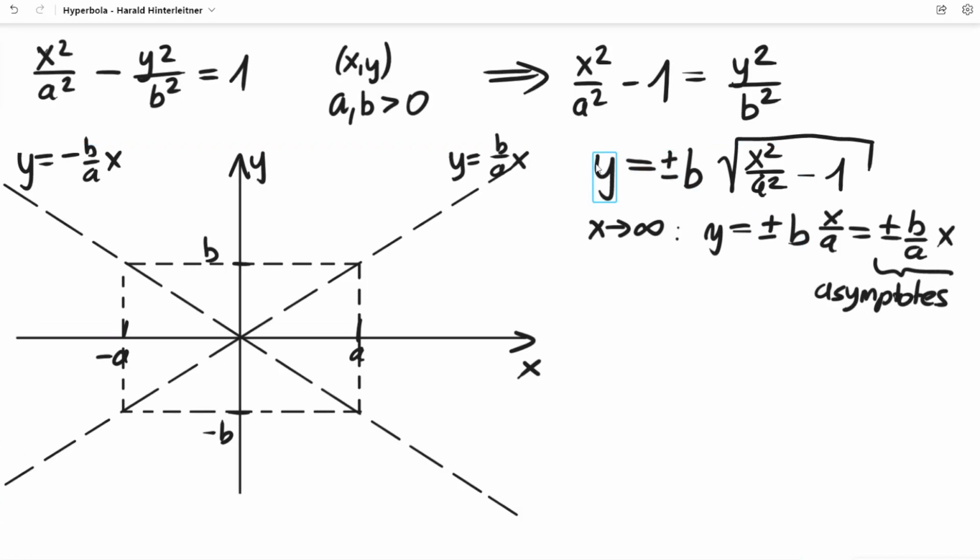So if we look at this hyperbolic equation here, we start first with positive x values.